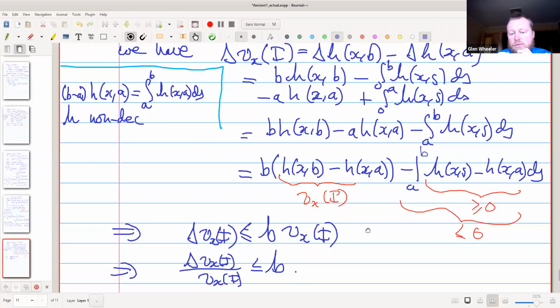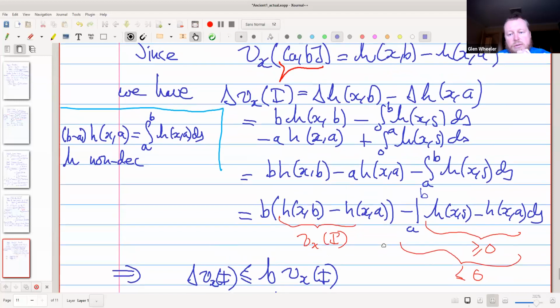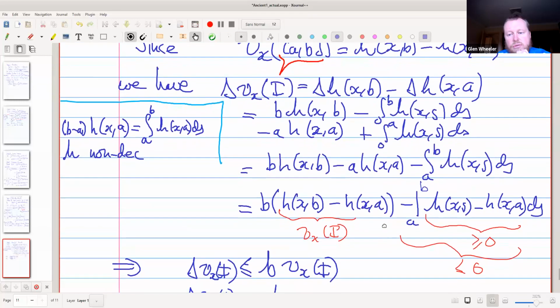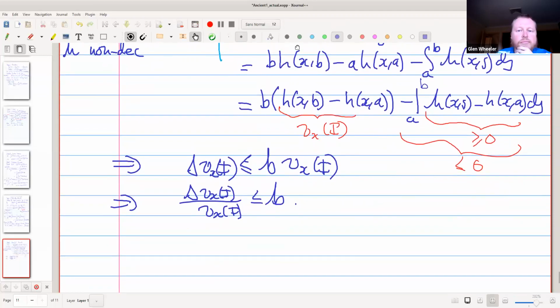Now we can do the same thing from below.